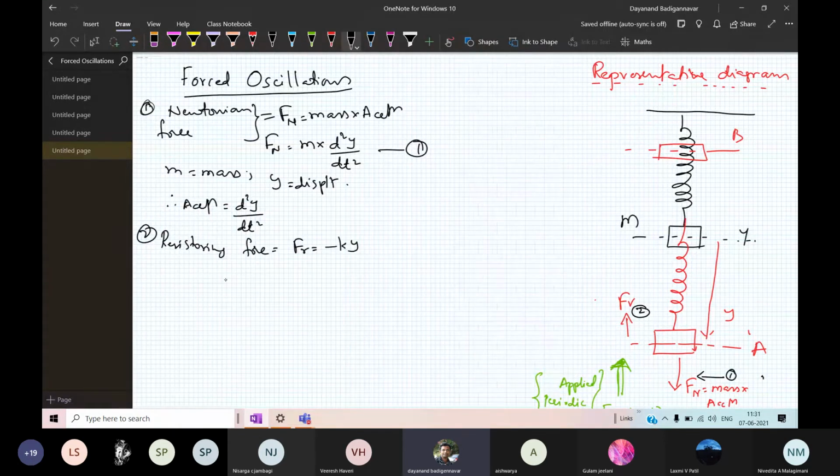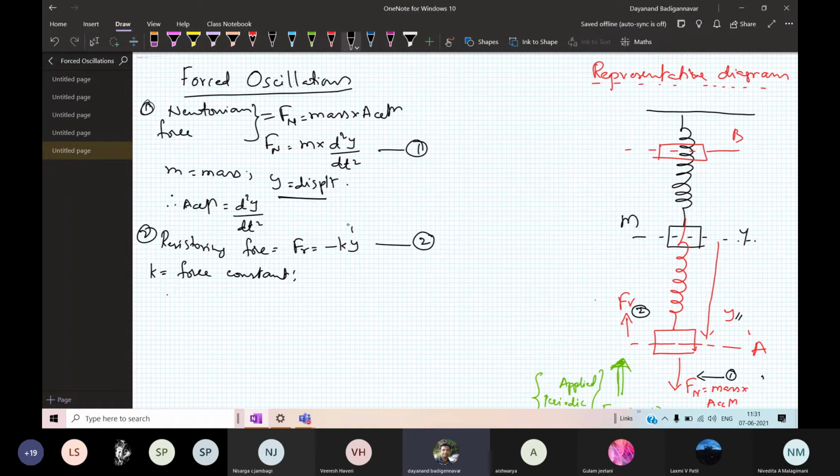You already know what k is: k is nothing but the force constant. Y is the displacement, which I already wrote. You can see here this is the displacement.